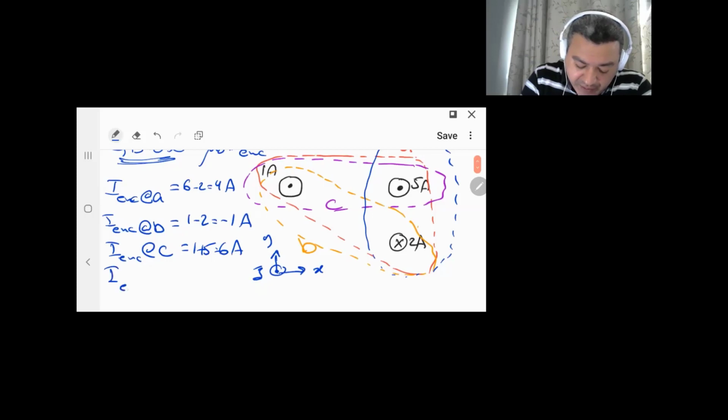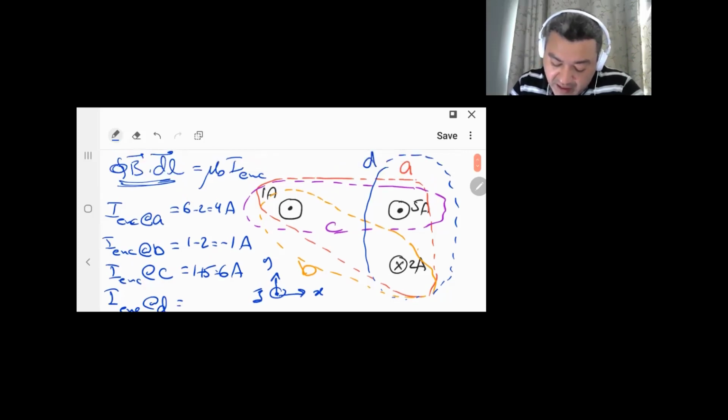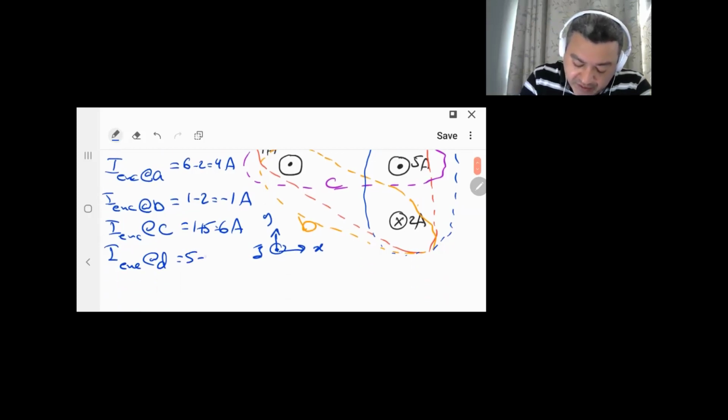And then I enclosed at D equals to, D is having the 5 up and 2 in. So 5 minus 2 equals to 3 ampere.